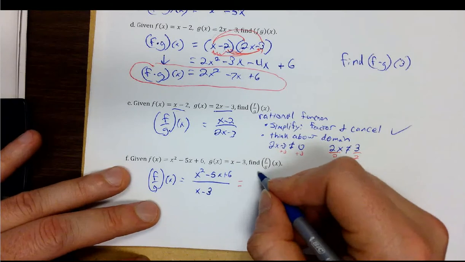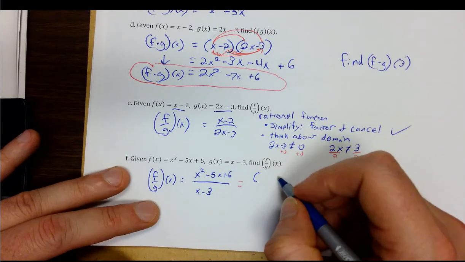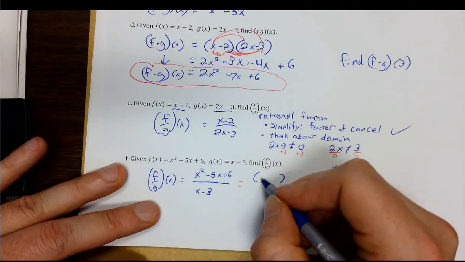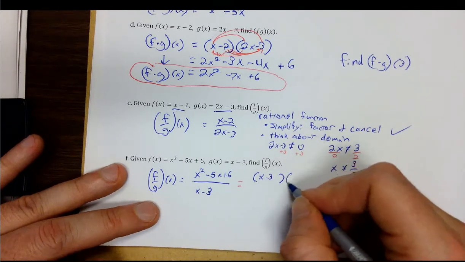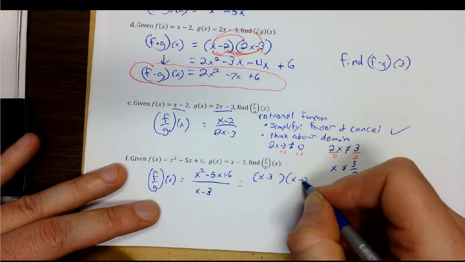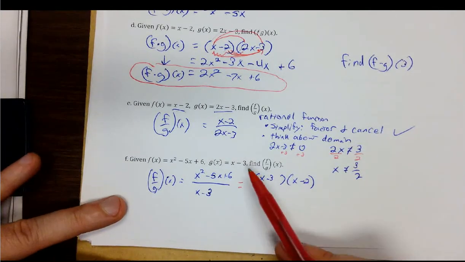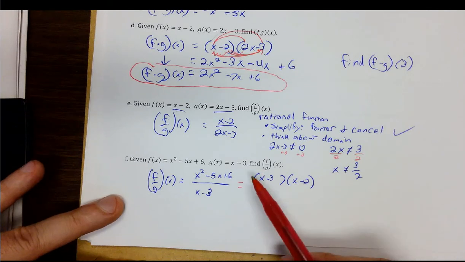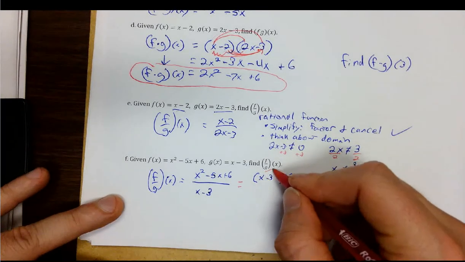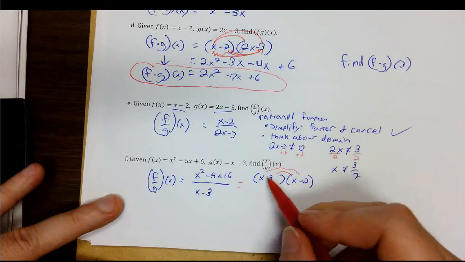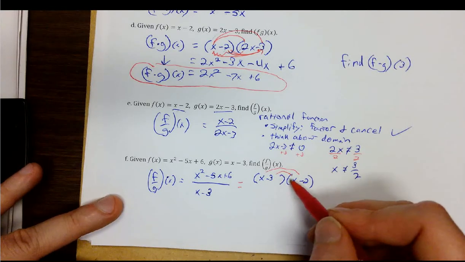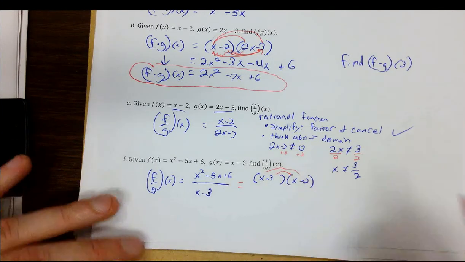Let's see, this numerator factors into x minus 3 and x minus 2. You can check that, of course. Negative 3 times negative 2 gives us a positive 6. And if I was to do the outside and the inside terms of FOIL, I get negative 2x and negative 3x, which combine to negative 5x.